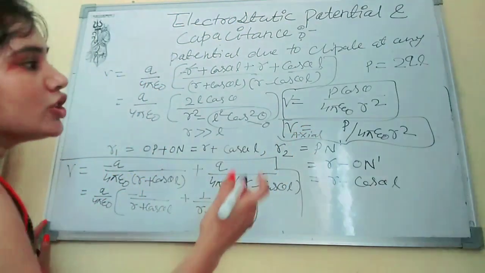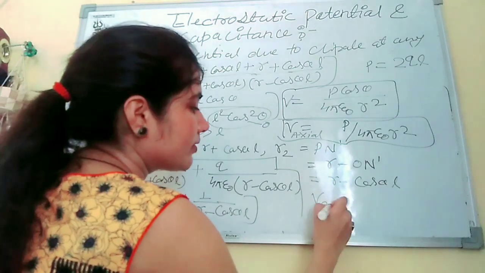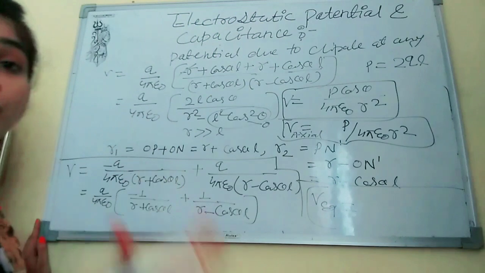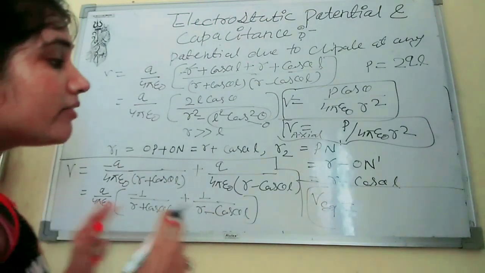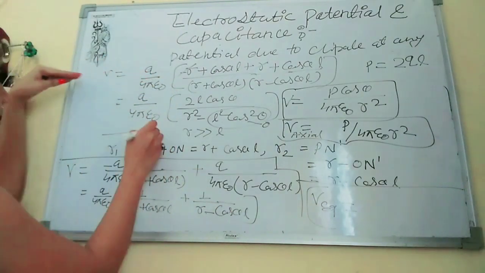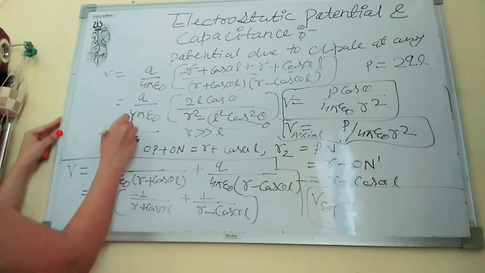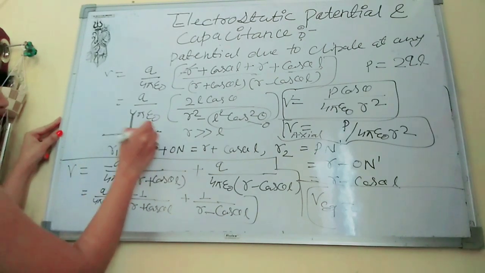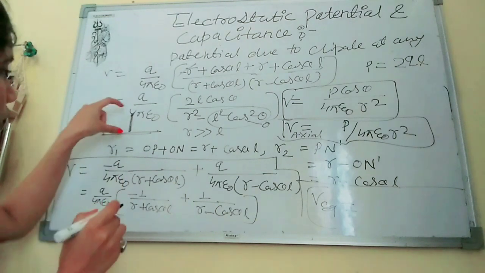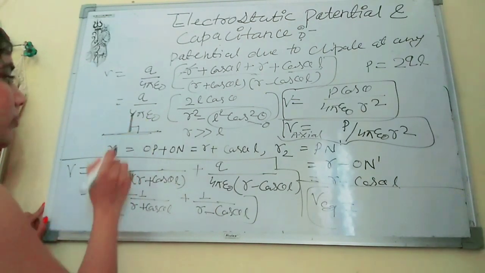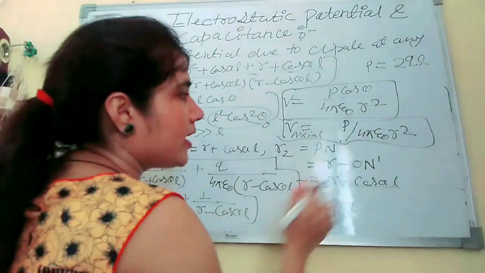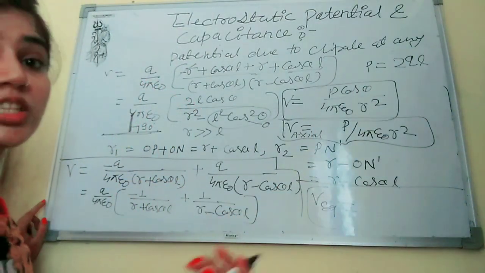Now if we talk about the equatorial line, what will be the potential at the equatorial line? The line will always go perpendicular to the dipole axis. So in this case, the angle will be 90 degrees. So theta will become 90 degrees, and cos theta we know is 0.